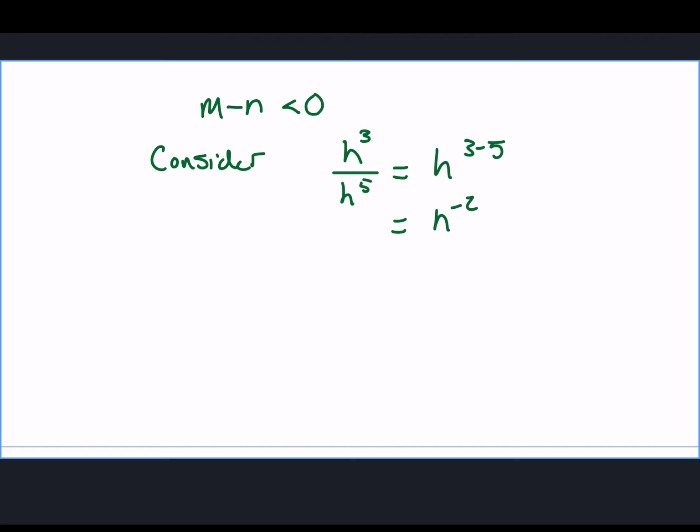Let's take another look at that same expression, h to the 3rd over h to the 5th. We're going to look at it a little bit differently. In the numerator, how many factors of h do we have? So we have h times h times h. And how many do we have in the denominator? We have 5.